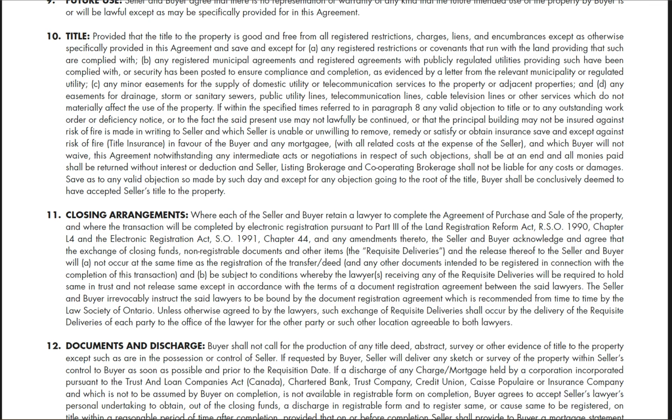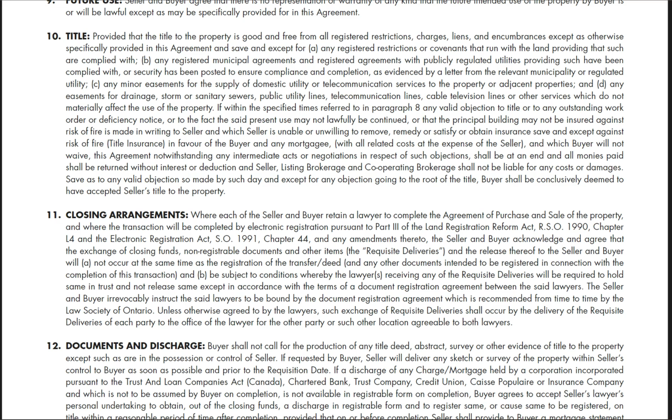The lawyer finalizes the closing documents, so they confirm that all documents, including mortgage, discharge, title transfer, and adjustments, have been properly handled. So those are both the lawyers on the buy side and the sell side. This basically just ensures that the transaction will close smoothly, and it protects the buyer and seller from fraud.